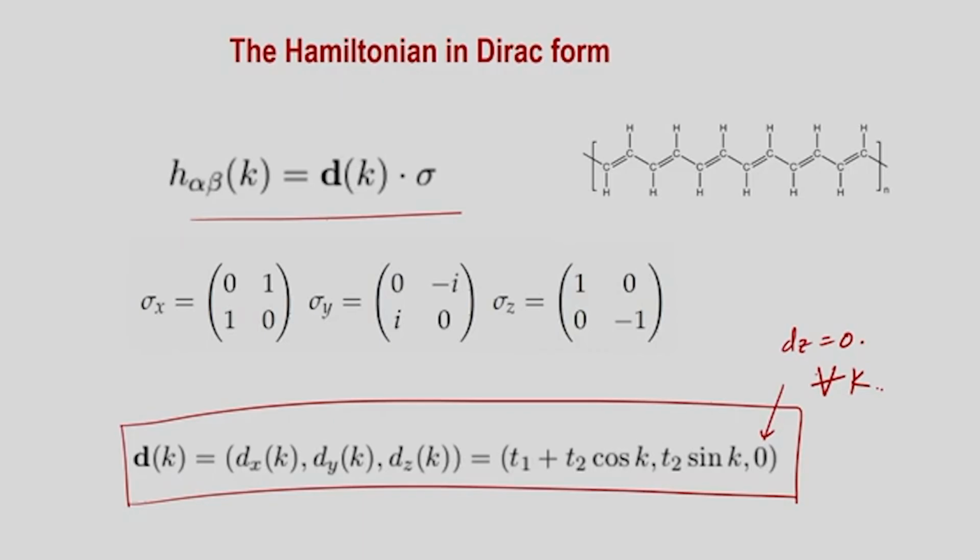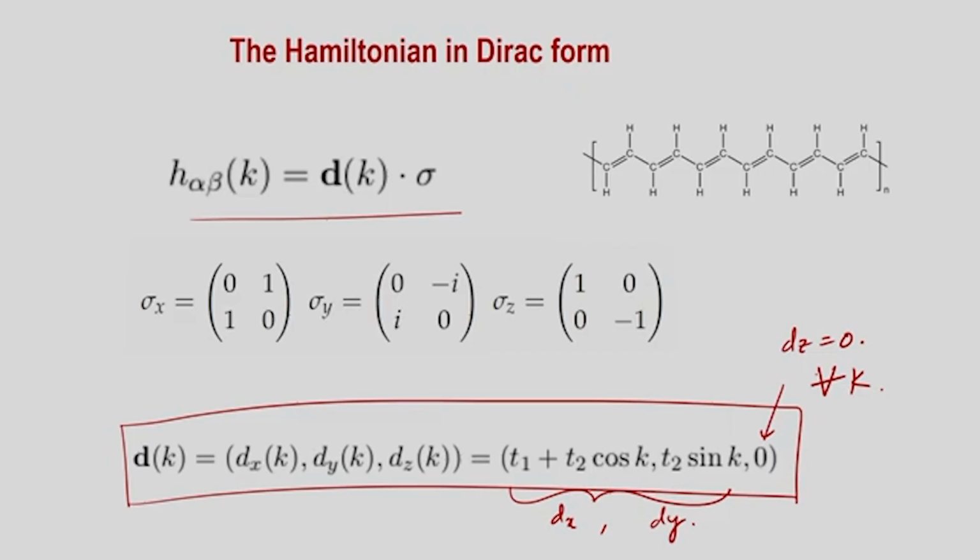For all values of k, dz is equal to 0, which means that the spectrum is always gapped, and for dx and dy, which are non-zero, in this plane it is possible to plot a closed curve by varying k within the range minus pi to plus pi, and this will determine whether there is a trivial phase or a topological phase, depending upon whether we enclose the origin, which is given by the d vector, its components dx, dy, dz, equal to 0, 0, 0.